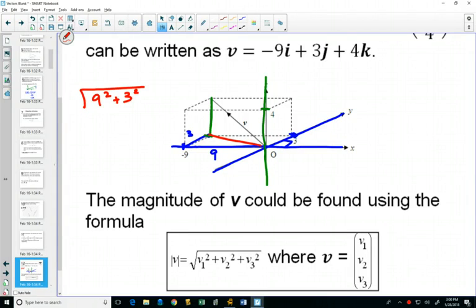Okay? And there's another right angle here. And so to find the black length, I could do a squared plus b squared equals c squared. Well, this length is 4. So I would get 4 squared plus all of this squared.